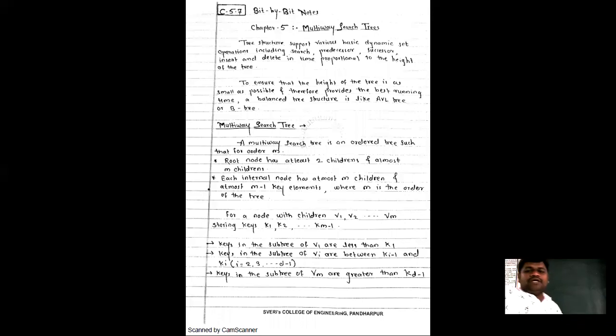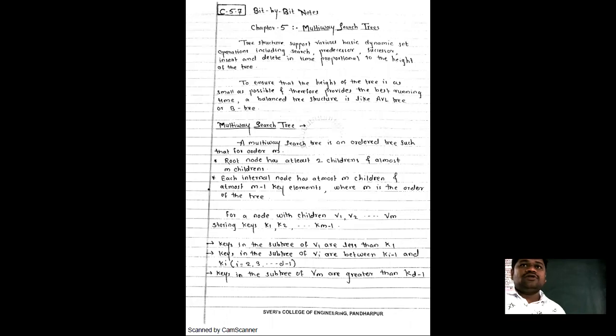So what do you mean by a multi-way search tree? This tree structure supports the various basic dynamic set operations. Here we will perform searching, and after that predecessors, successors, insertion and deletion of nodes in the tree, right?